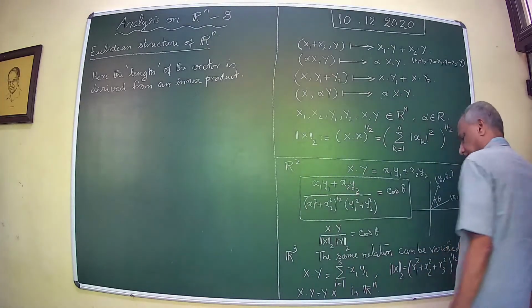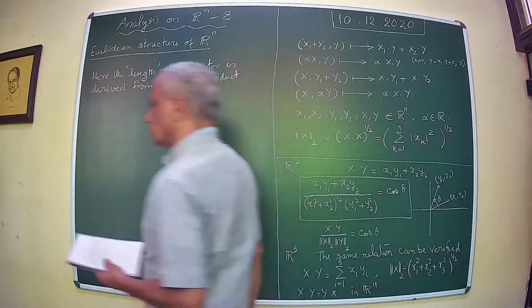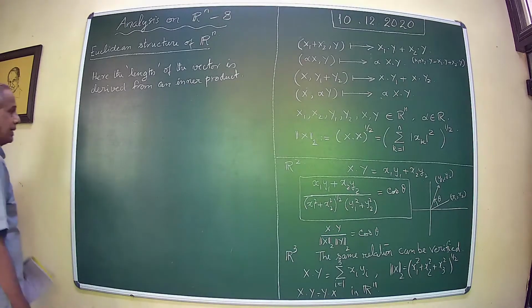One, it talks about the length of the vector. It also talks about the angle between the two vectors.